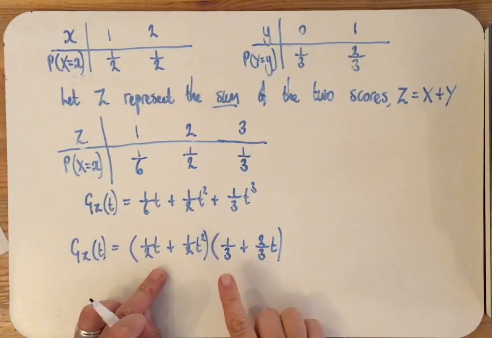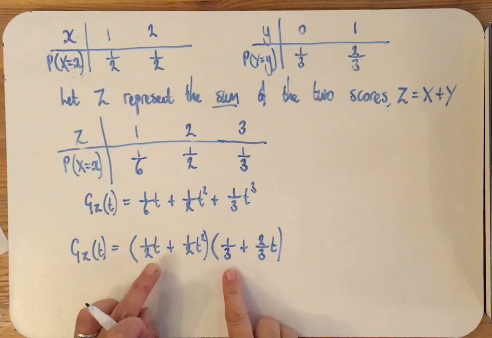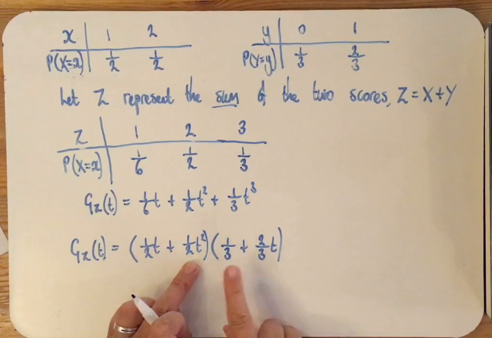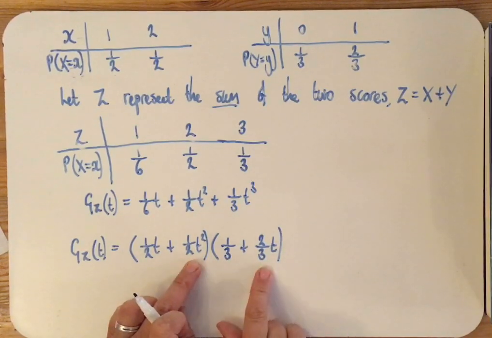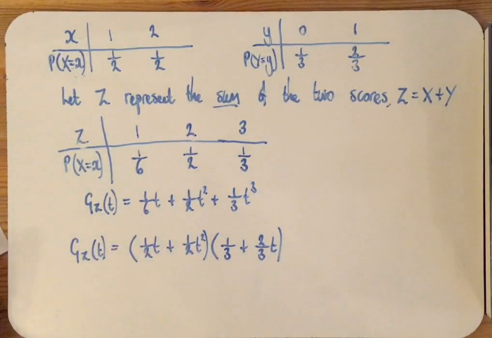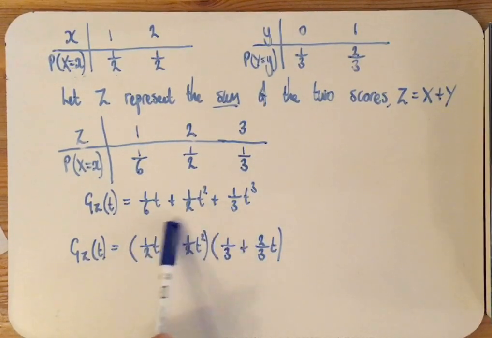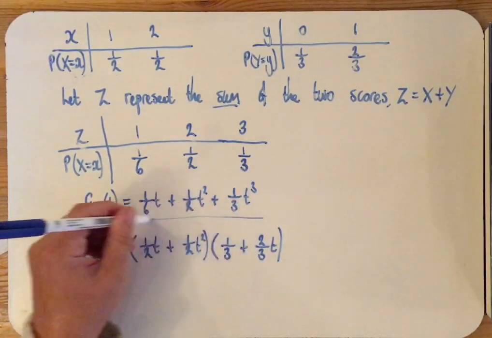So that'd be 1 followed by 0, this is 1 followed by 1, 2 followed by 0, 2 followed by 1. And because you add your powers of t, you'll then get the probability generating function for the sum of the two events x and y. And you can multiply that out and verify that you get the above here.